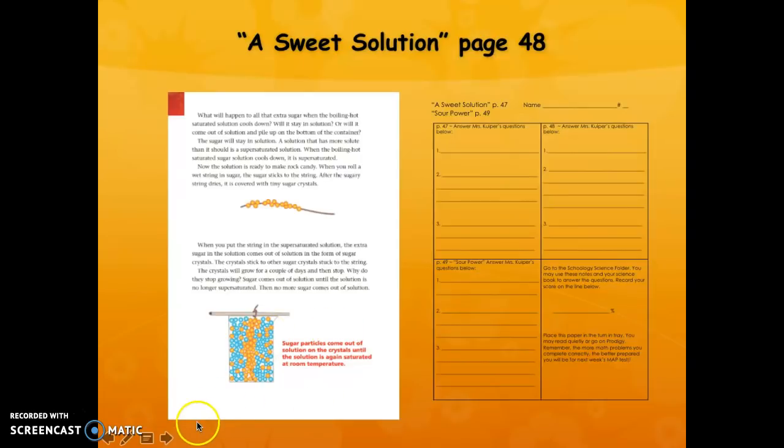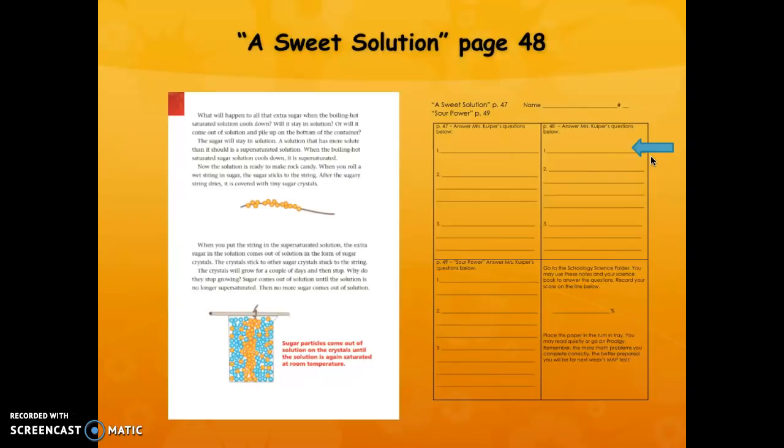So here is my first question for you, and you're going to put it right where you see the green arrow. So question 1 for this page. When the boiling hot saturated solution cools down, it is blank. What is the word for that blank?